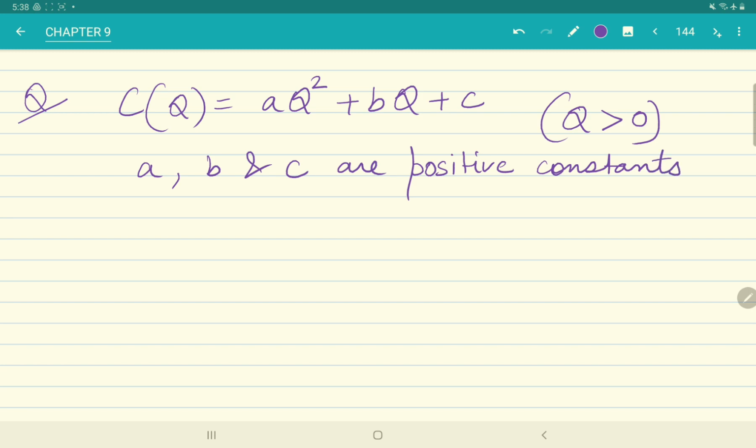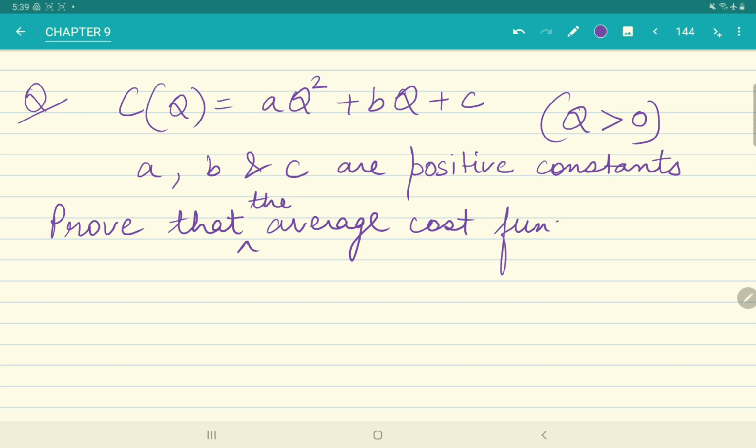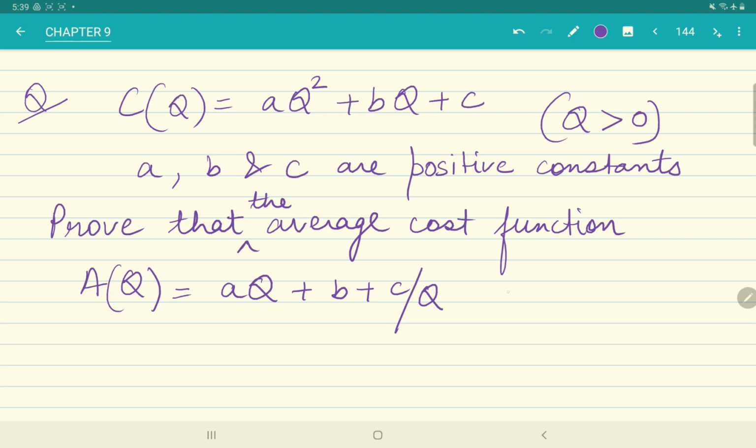We have to prove that the average cost function, which is A of q equals little a q plus b plus c by q, has a minimum at q star equal to root c by a.